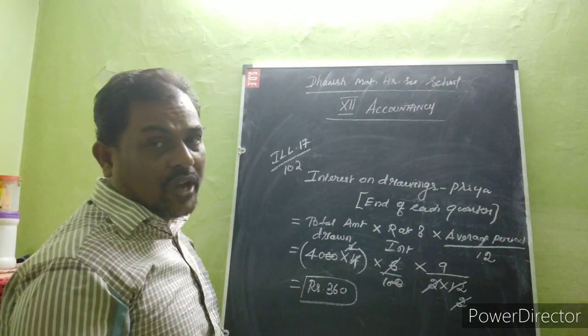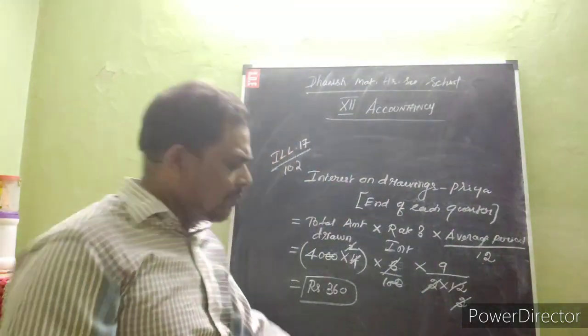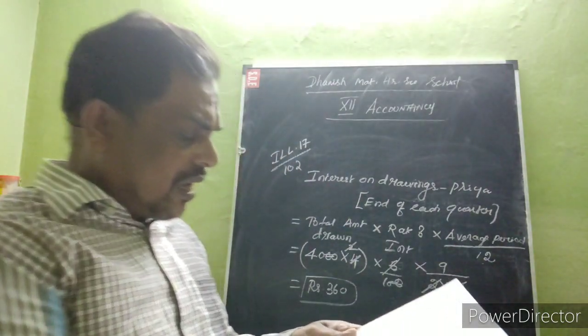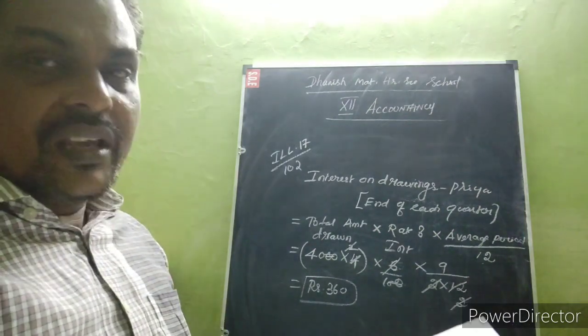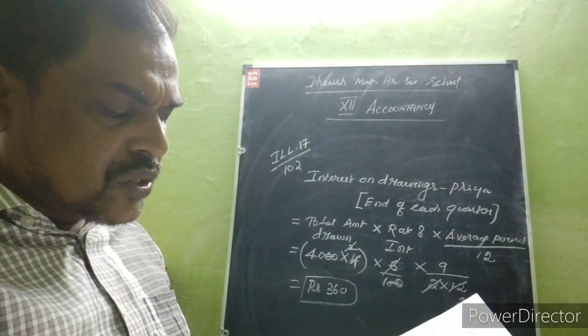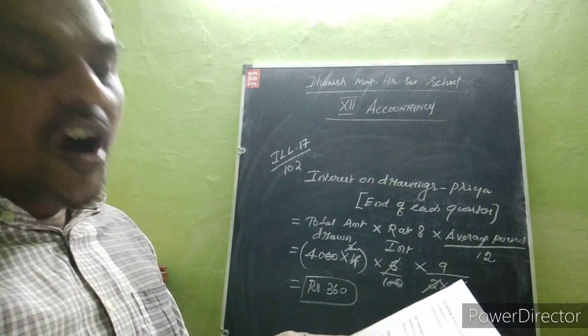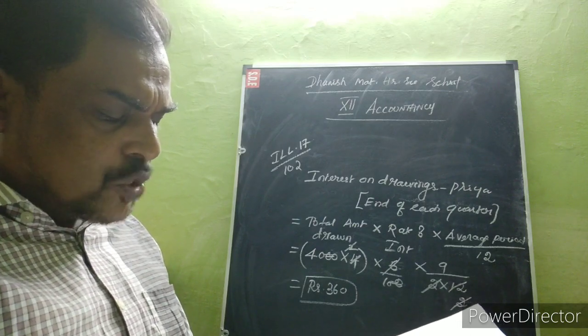Okay, now I'll do one more sum, that is illustration 18. Here Venila and Ishwari are partners. Venila draws rupees 5,000 at the beginning of each half year and interest on drawings is chargeable at 4% per annum.